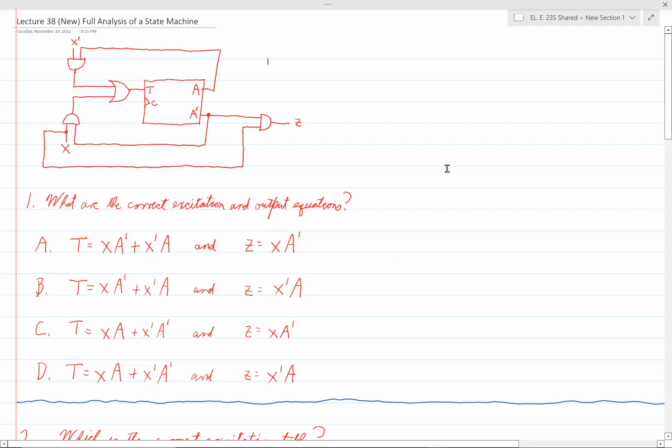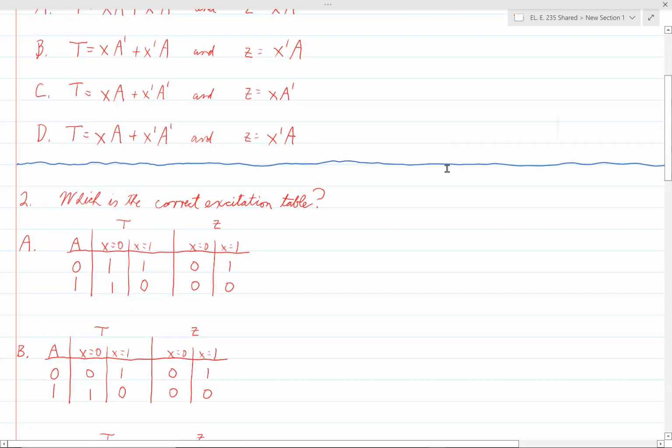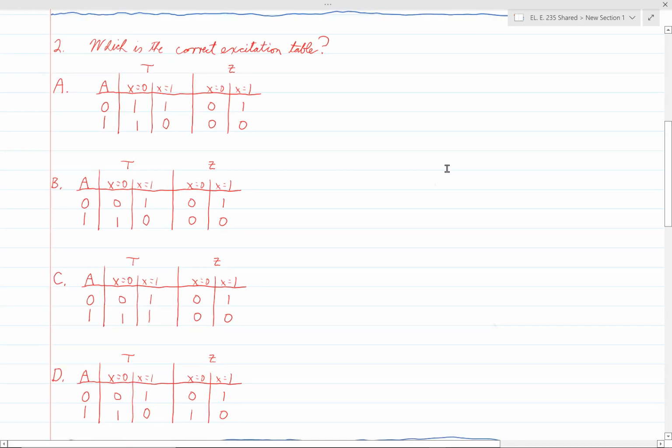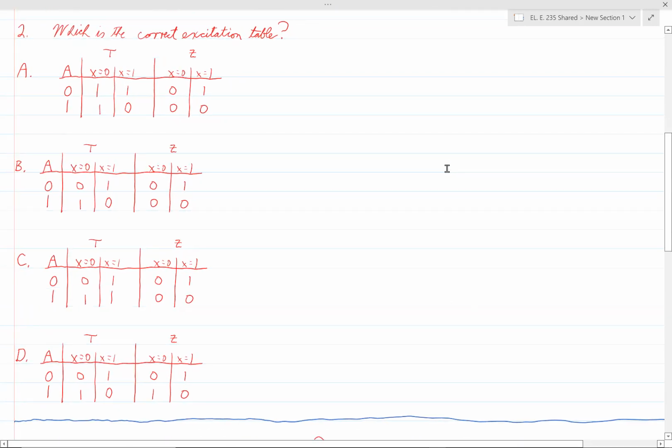One more time, let me show you the choices here. You see here your circuit, and there's number one, what are the correct excitation and output equations? That's number one. And then for number two, it says which is the correct excitation table, and there you see the choices for that.